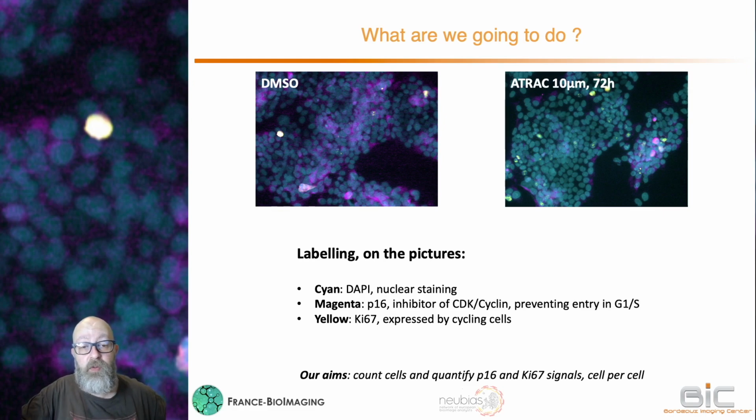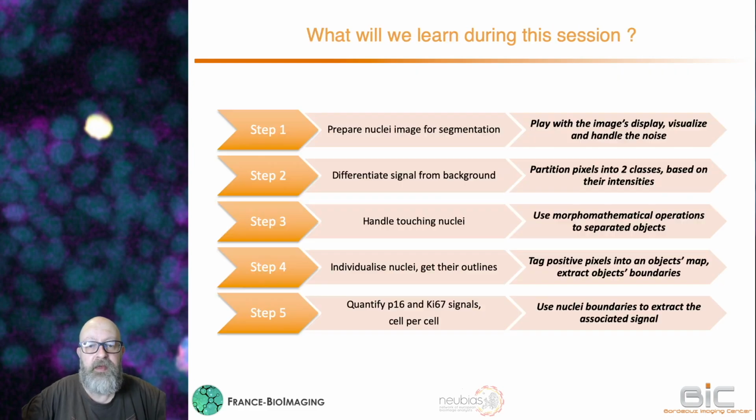In this lecture, we will first detect all the nuclei, and then, knowing where the nuclei are, we will try to measure the quantity of the two proteins within those structures.